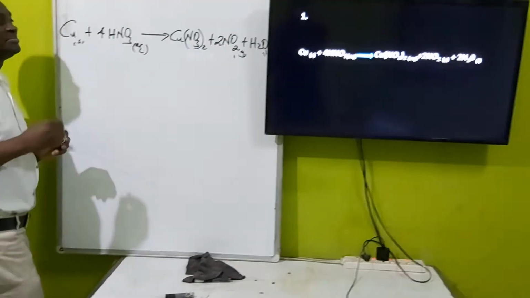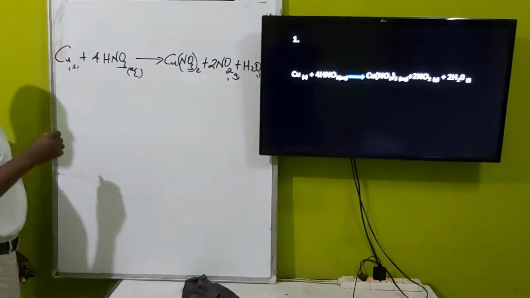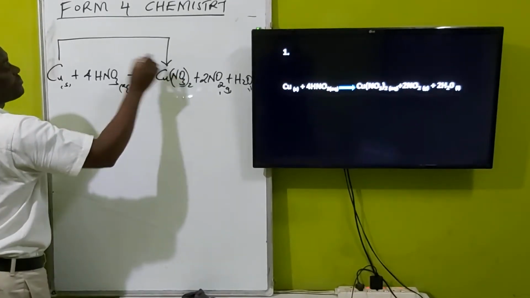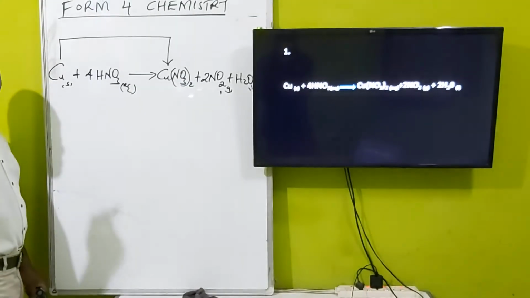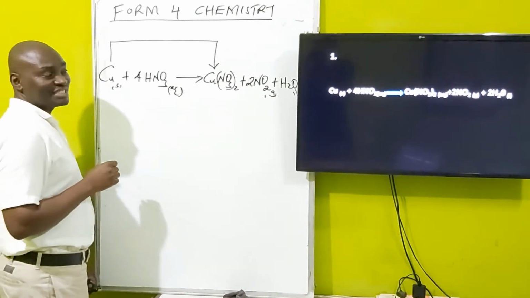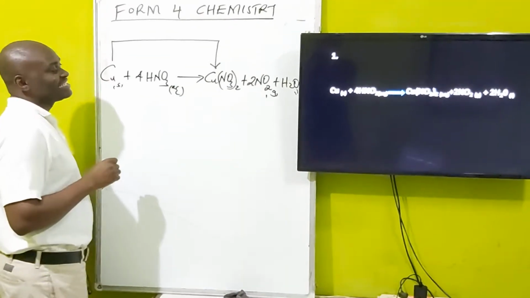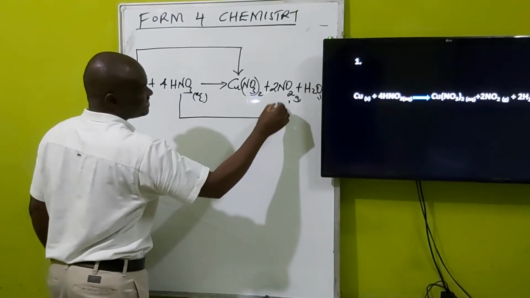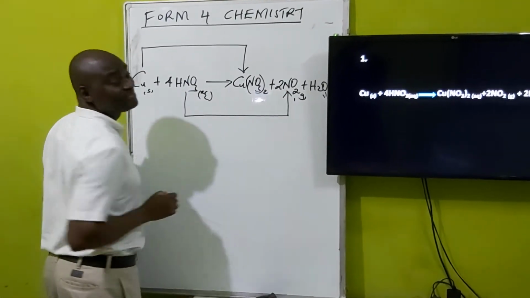This is what we have. So we are going to consider copper changing to copper 2 nitrate. We want to identify the oxidation process, reduction process, oxidizing agent, and reducing agent. Then nitrogen is changing to that.